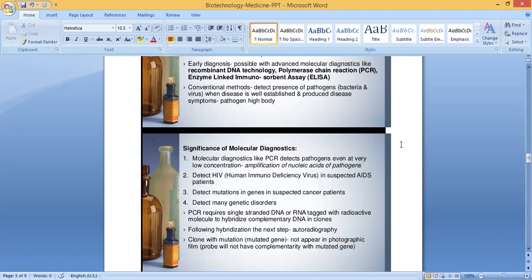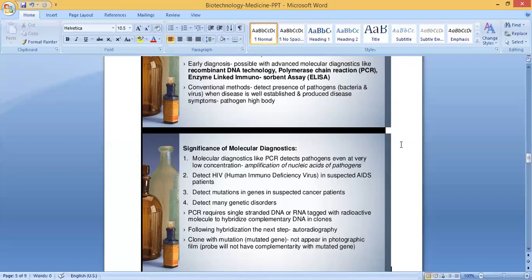Then PCR, polymerase chain reaction. PCR requires single-stranded DNA or RNA tagged with a radioactive molecule to hybridize complementary DNA in a clone.